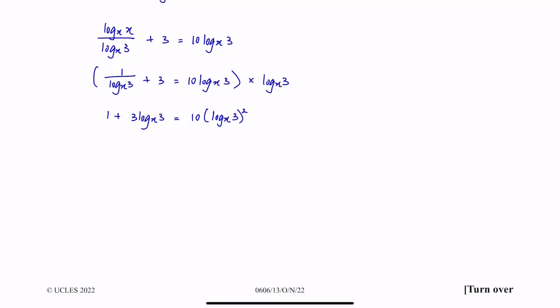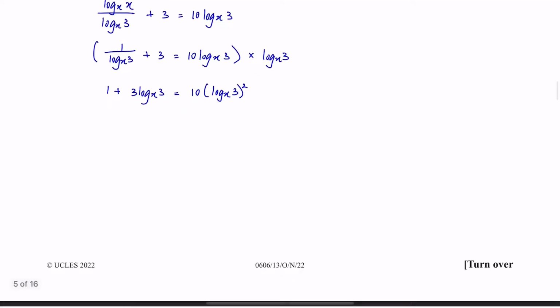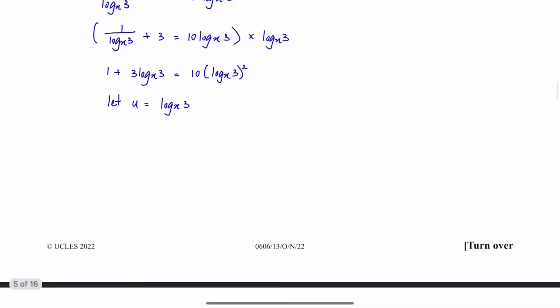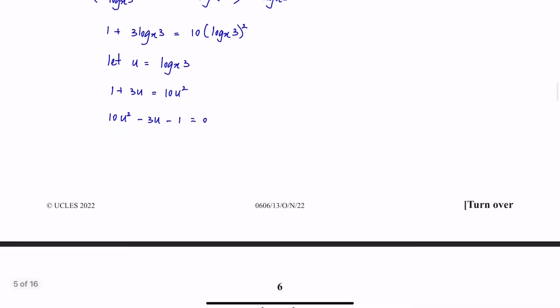The square here is for the whole log and not just for the 3. So we rearrange the equation, we would get something like a quadratic equation. So we can let u equal log base x of 3. So we have 1 plus 3u equals 10u squared. Rearrange it to get 10u squared minus 3u minus 1 equals 0.